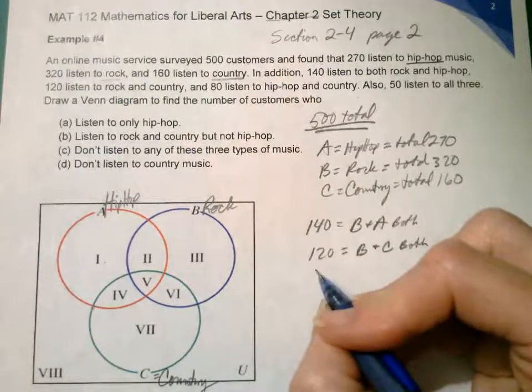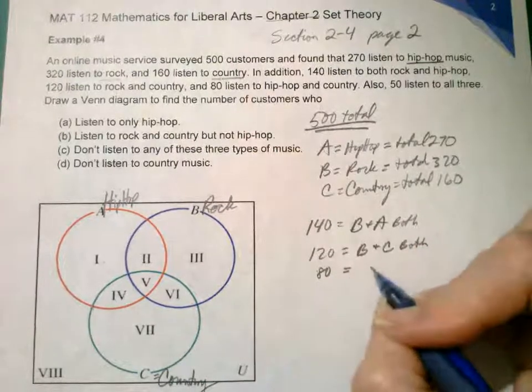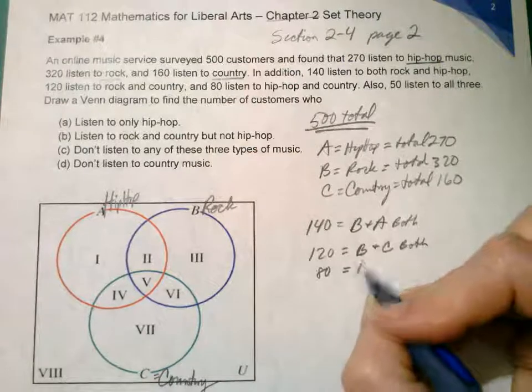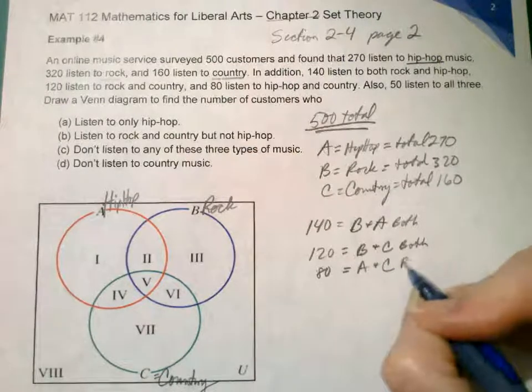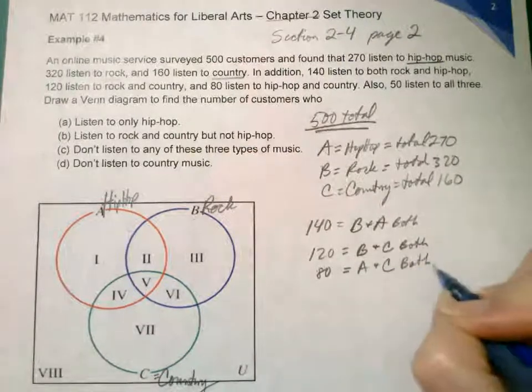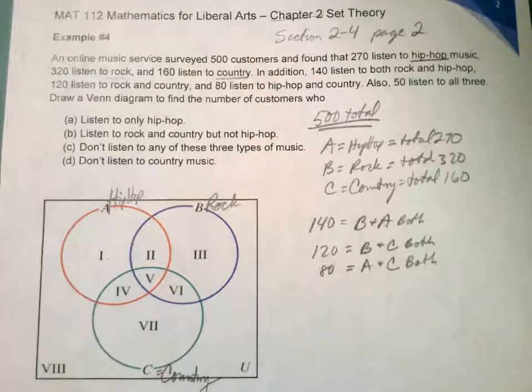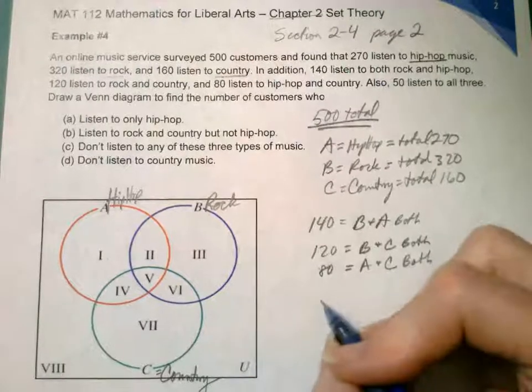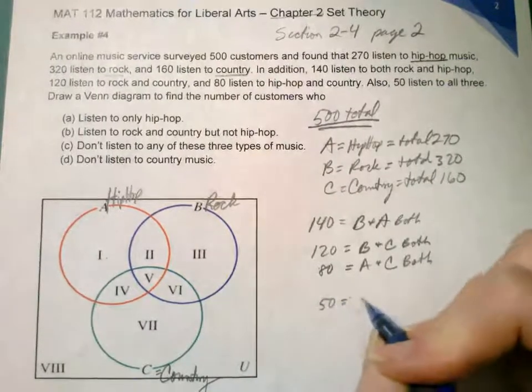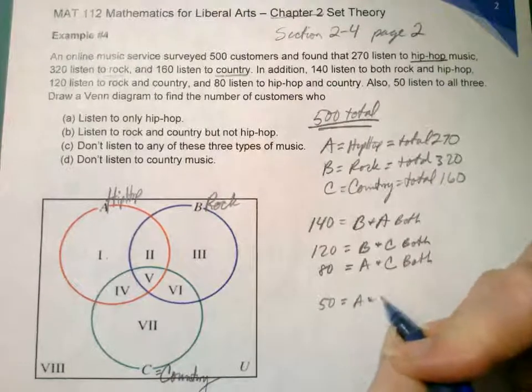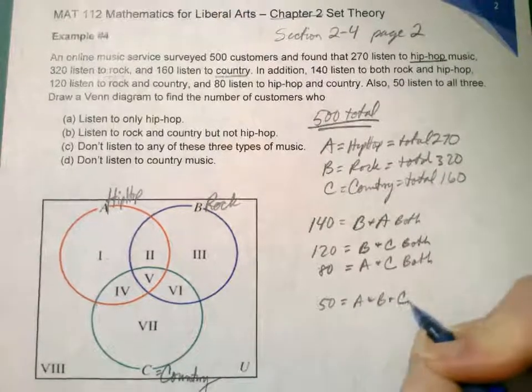And I'm just reading at the top here. 80 is hip hop and country, both. All right, so both means they're in both places. And 50 listen to A, B, and C.